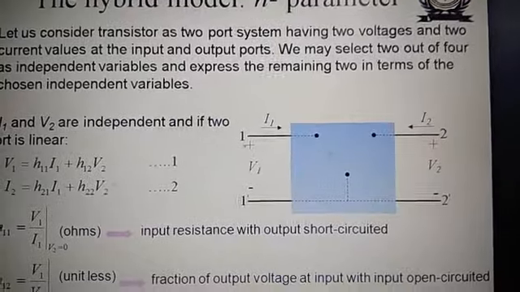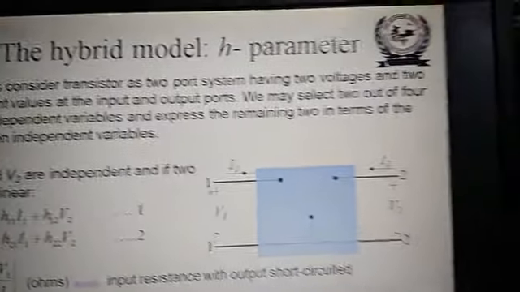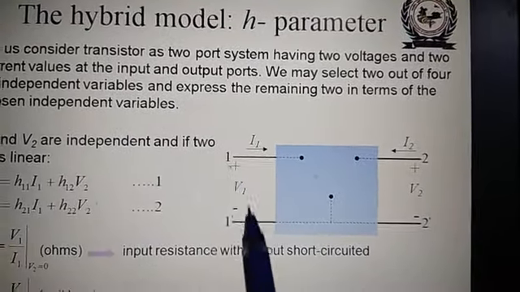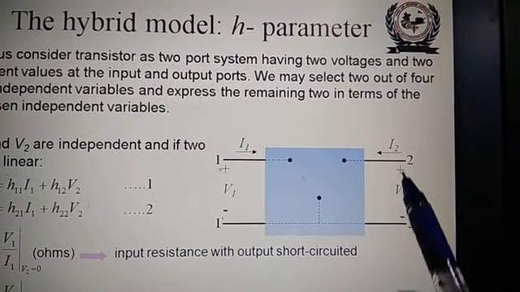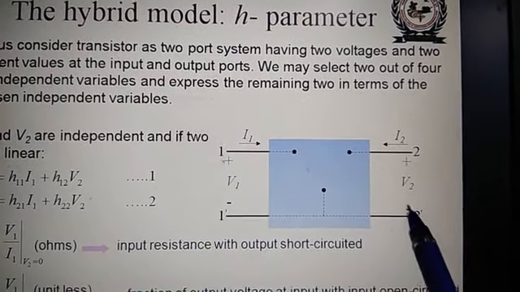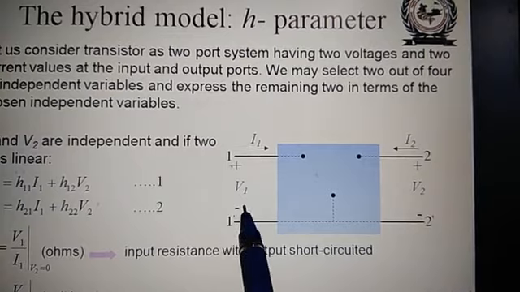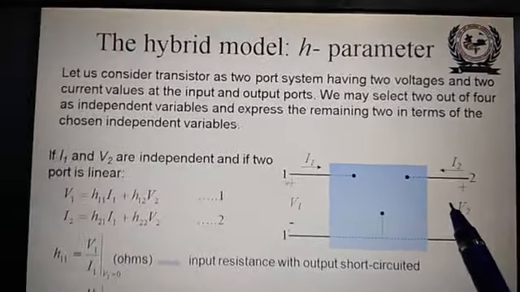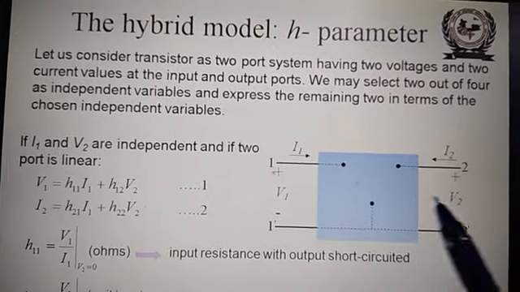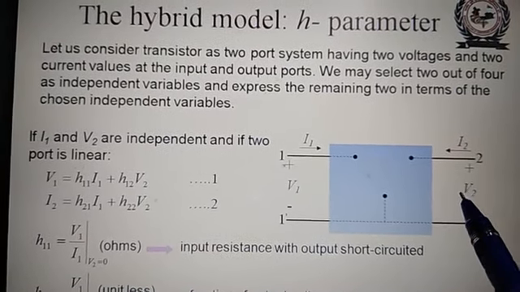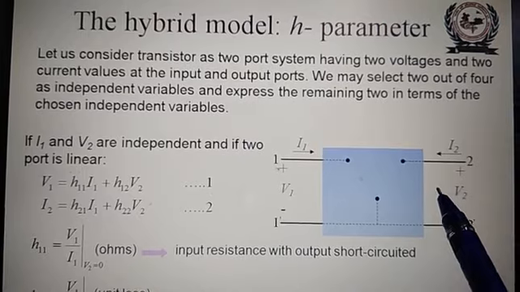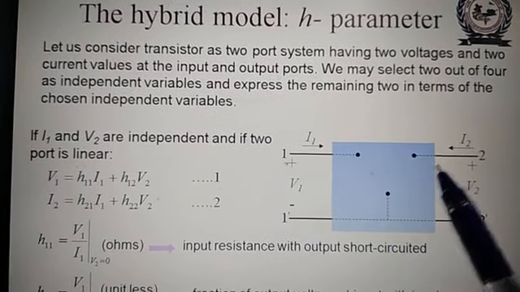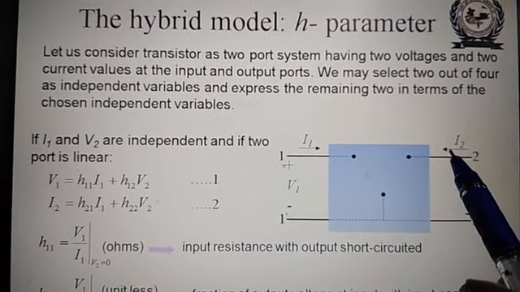This is the model we have taken, the two-port model of a transistor. Port 1 is the input port and port 2 is the output port. I1 and V1 are the inputs, where I2 and V2 are the outputs. I1 and V2, these two are the independent variables, where V1 and I2 are the two dependent variables.